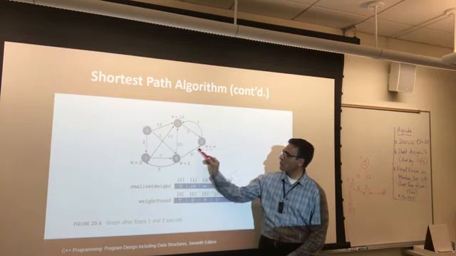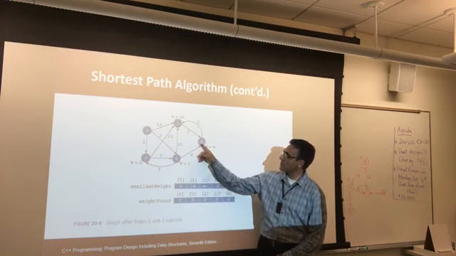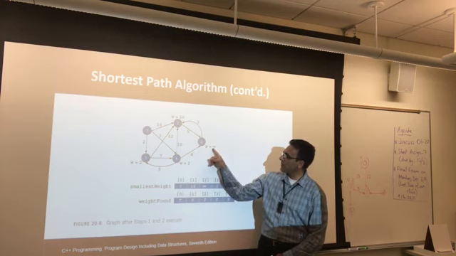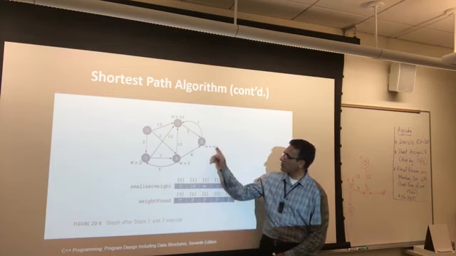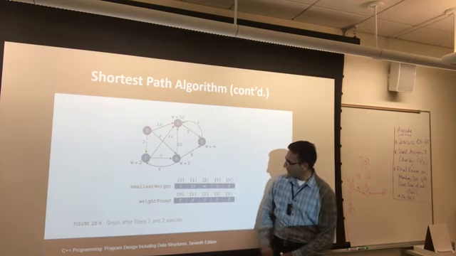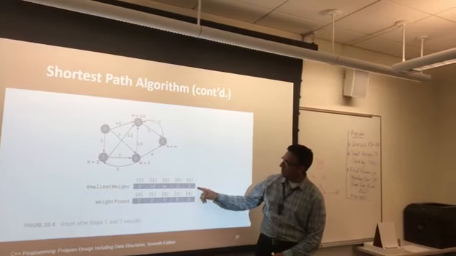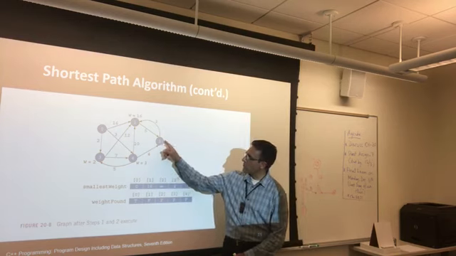And from 4 to 2, there is no direct edge. I'm not sure what this indicates. I'll probably come back and visit it. Let me take a look here. 0 to 4, 4 to 2.